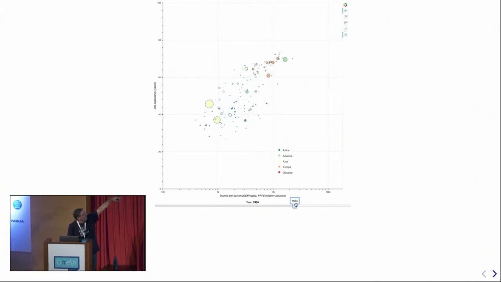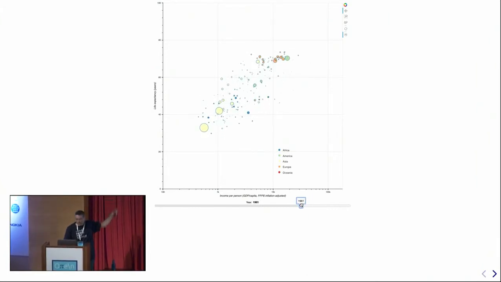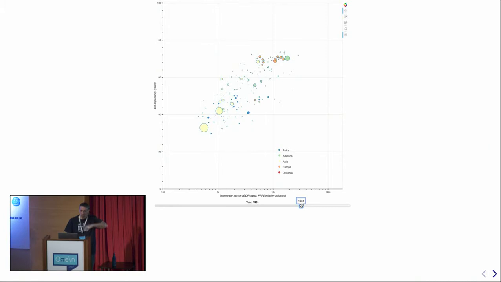It's like they dance around each other. So when I saw that, I said, okay, fine, I made a bug, because countries are not supposed to go up and down like this in terms of their life expectancy. So I started checking my code to see what could explain this sudden movement. And the code was right.